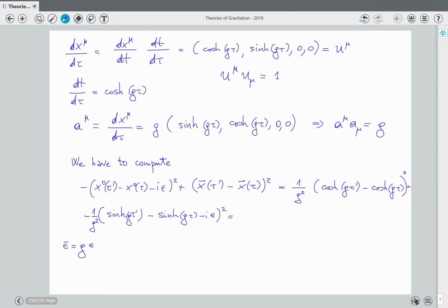Okay, now we have to evaluate the squares, so let's collect 1 over g squared. So we will have 1, cosine of g tau prime squared minus a sine squared, that will give 1, from the square of this and this. From the square of that and that, we will have another 1. So that's a 2.